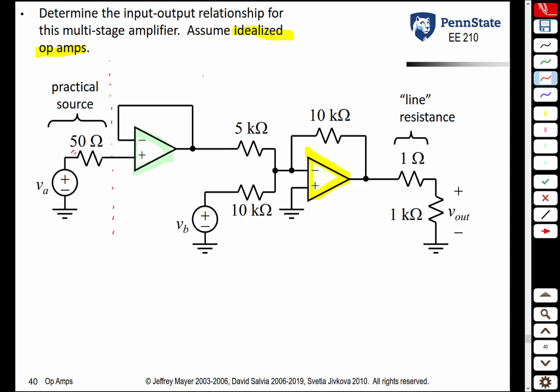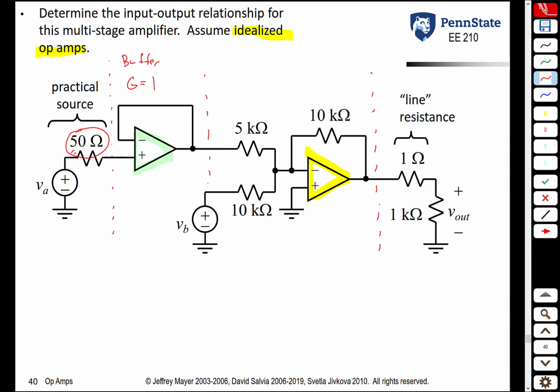We recognize the second part of the circuit as being a buffer circuit, with a gain equal to 1. The whole idea behind this buffer circuit is it's going to separate the practical source from the rest of the circuit so that this 50 ohm resistance is not going to have an effect on anything.